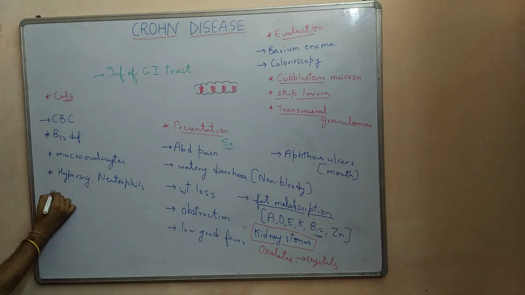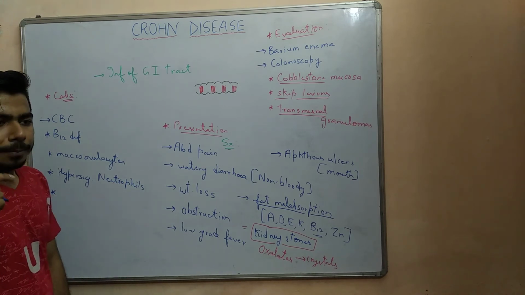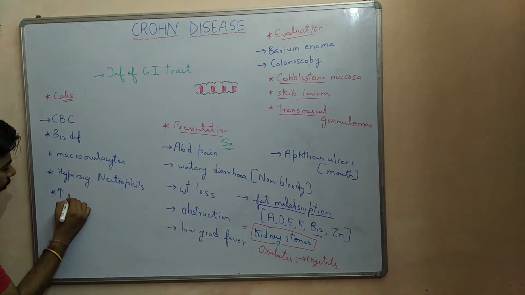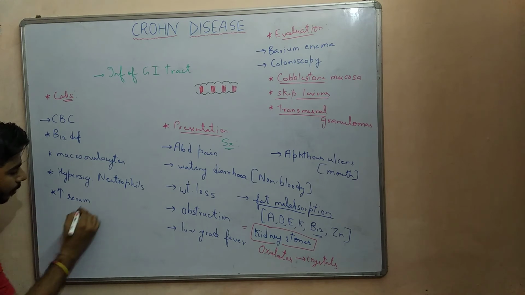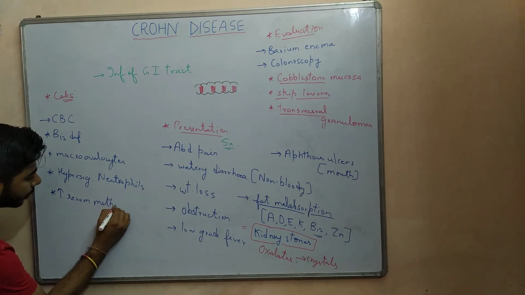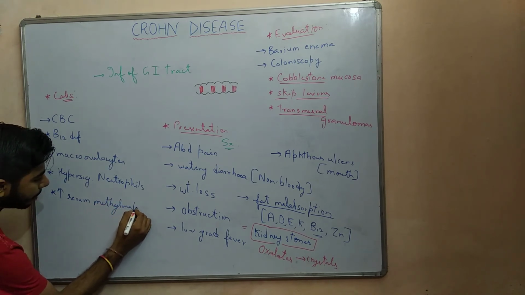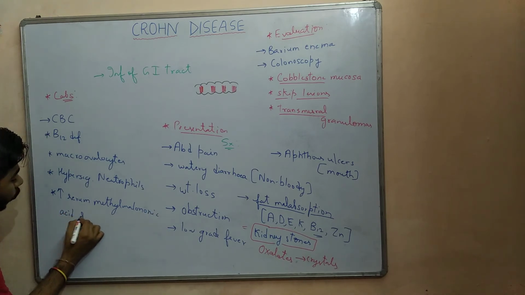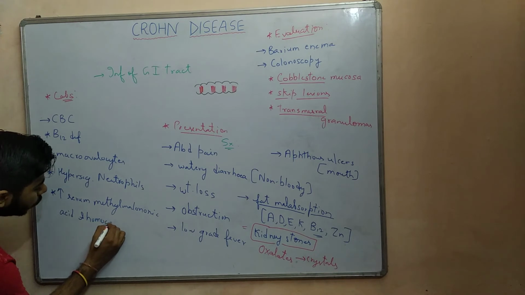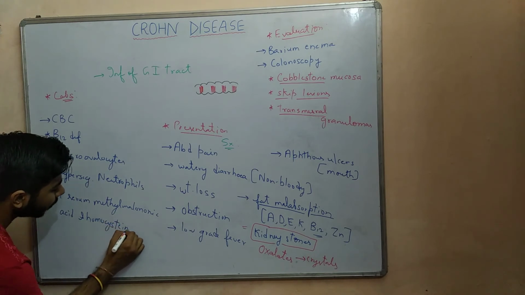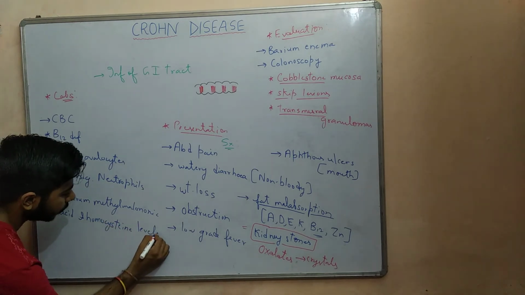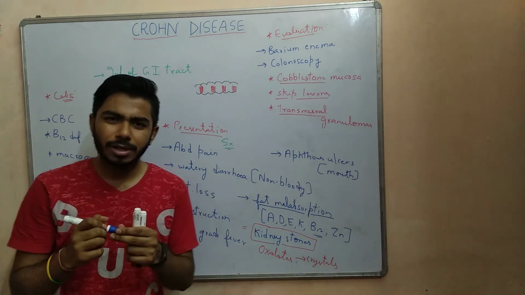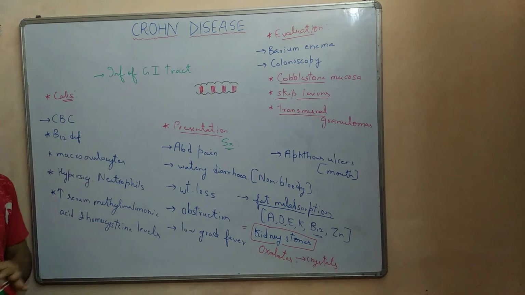Okay, with that, serum methylmalonic acid can be elevated, as well as homocysteine levels. Homocysteine levels can also be elevated in such patients. So these are the lab values for Crohn's disease.